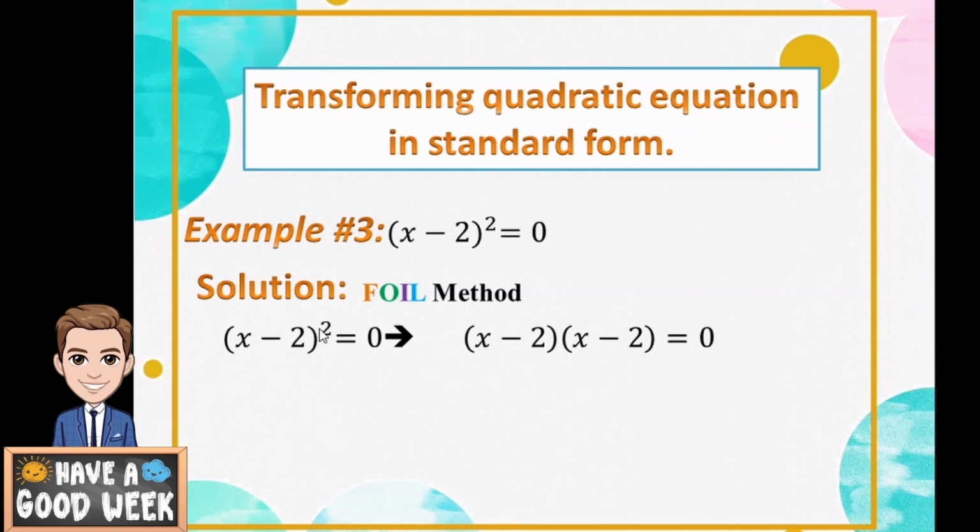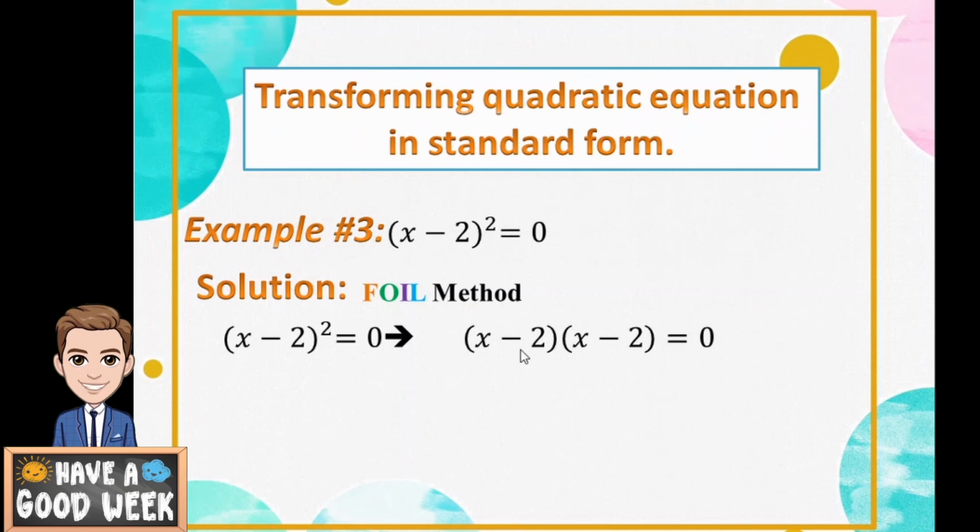Diba? So, kapag 3 yan, multiply mo yung x minus 2 ng 3 beses. Okay? So, this time, 2 beses lang kasi nga, exponent niya is 2. Okay, nakakasunod ba? Again, multiply mo lang yung base by itself. Okay? 2 beses kasi 2 yung exponent natin.